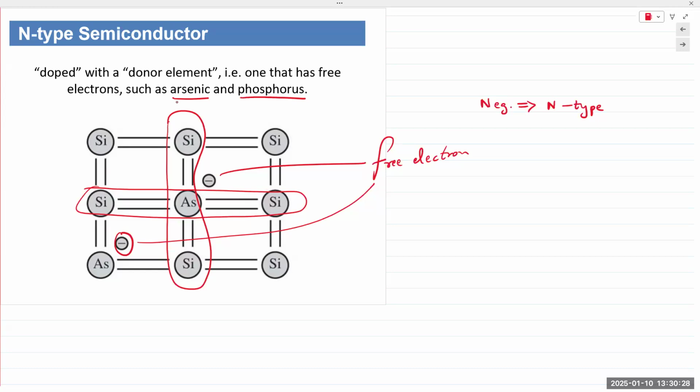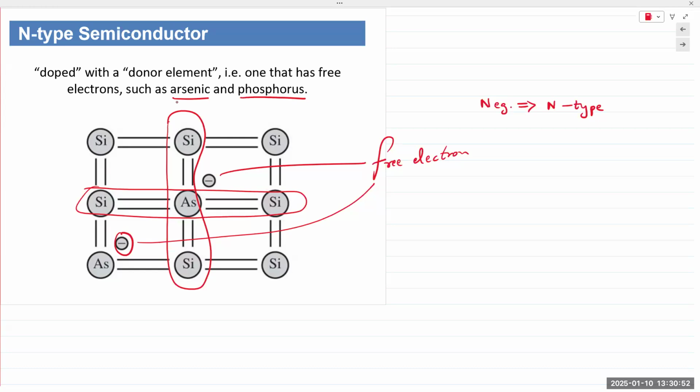Make sense? Each extra electron is an extra negative charge. However, the overall charge in that material is still neutral. Because the arsenic or the phosphorus atom came in, right? It brought along 5 protons and 5 electrons.